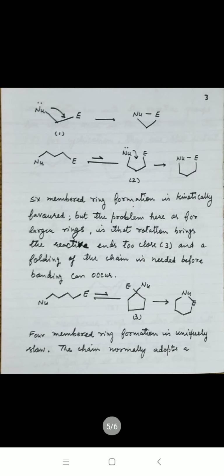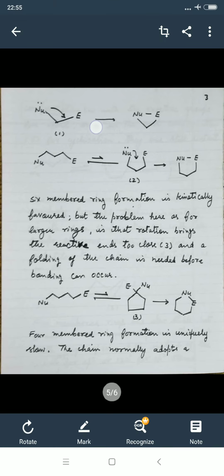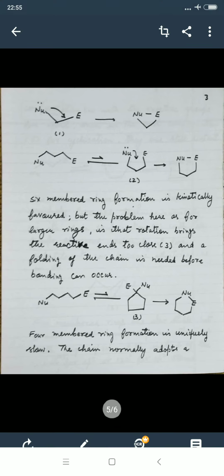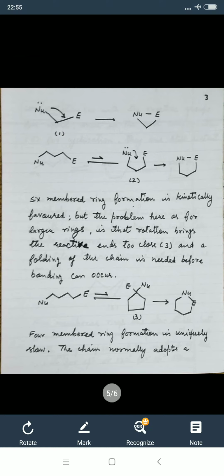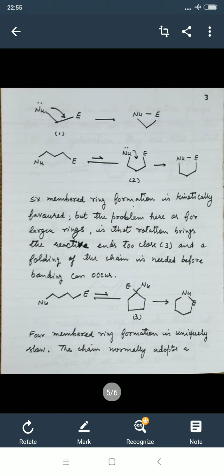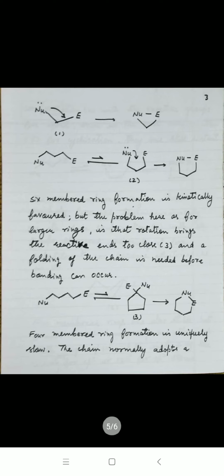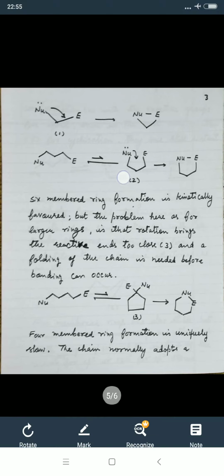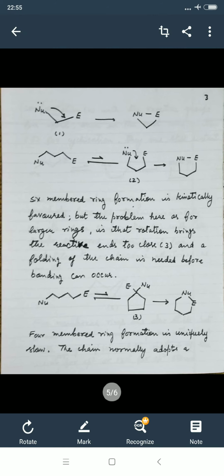For example, a nucleophile and an electrophile, and the carbon is attached with this, and this nucleophile is giving the electron to the electrophile and forming a carbon-carbon bond. Or you can have the nucleophile separated from the electrophile by 3 carbon atoms, then you have 3 carbon atoms here and nucleophile and electrophile forming a 5-membered ring.